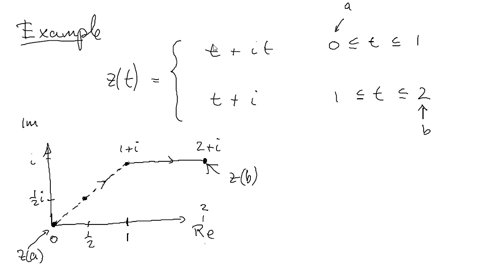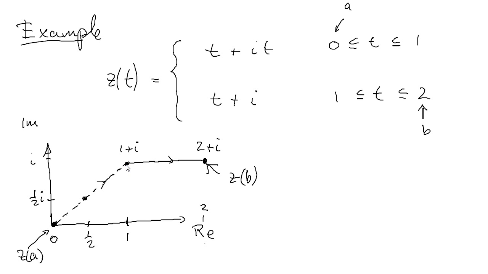Then we have real part 1/2 and imaginary part equal to 1/2, and we are at this point. When t is equal to 1, then the complex number we are reaching is 1 plus i. So then we are here. So this corresponds to a straight line from 0 to the point 1 plus i.